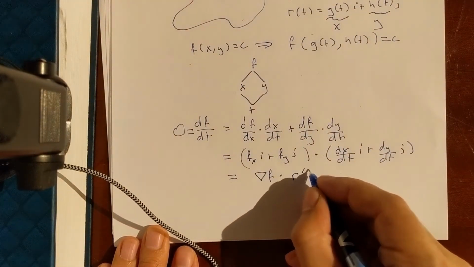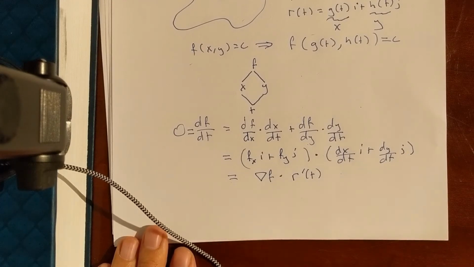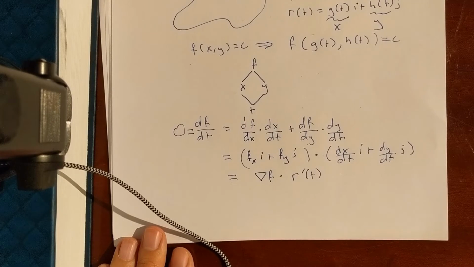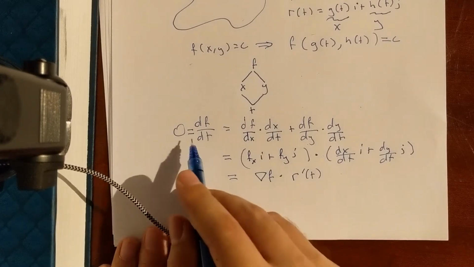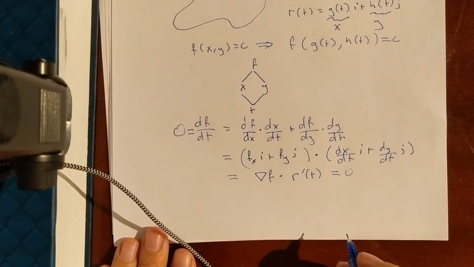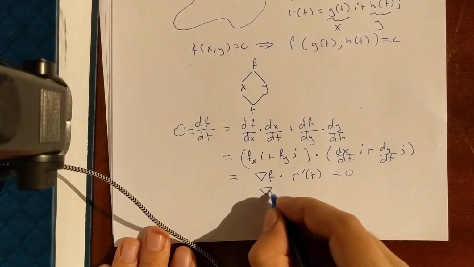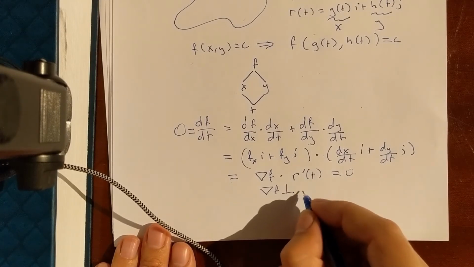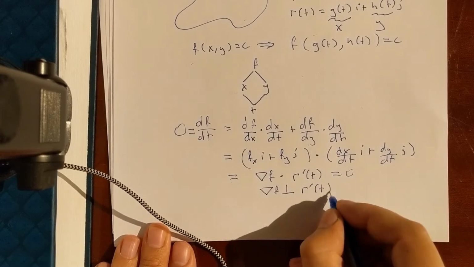That's just r prime of t. So the gradient vector dot r prime t equals 0. What does that mean? When will the dot product of two non-zero vectors be 0? If they are perpendicular to each other, isn't it?